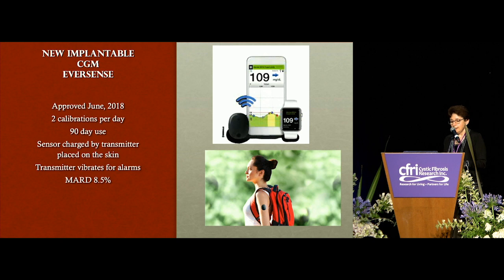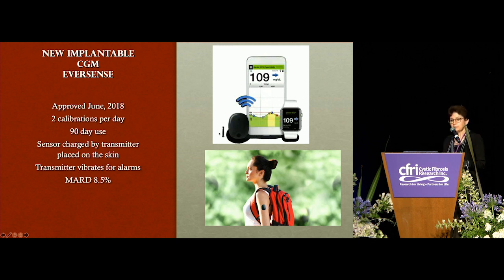It stays in the body for 3 months. You don't need to charge it or do anything with it. But you do need to wear a little transmitter outside on the arm. This transmitter sends a light signal, and that's how it activates the sensor.